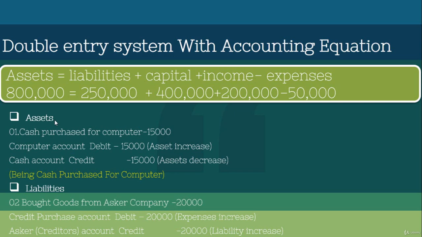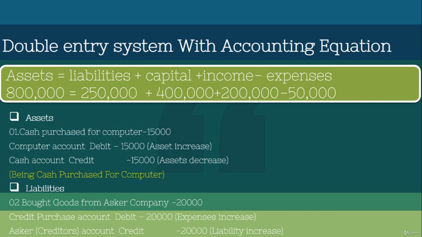I'm going to give five illustration transactions to show how they impact the double entry system, the accounting equation and the account types.